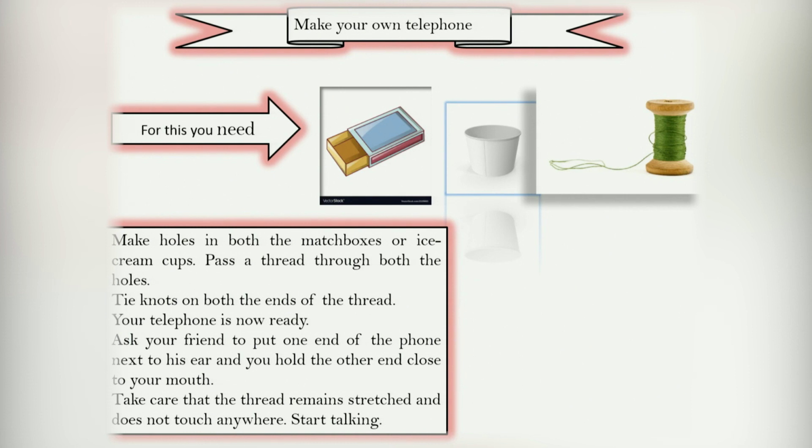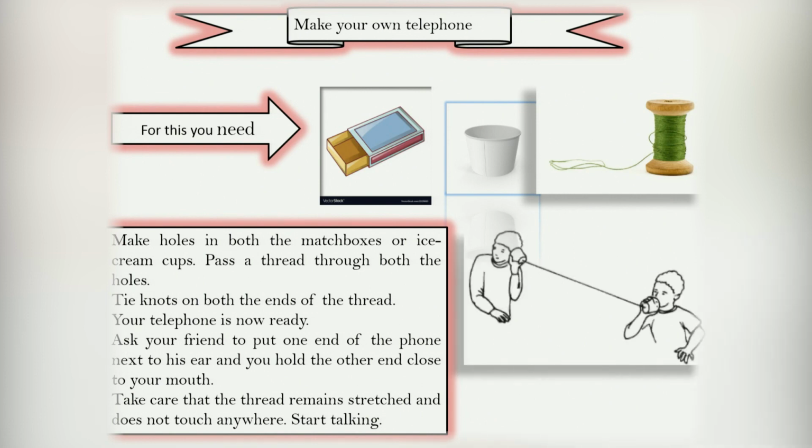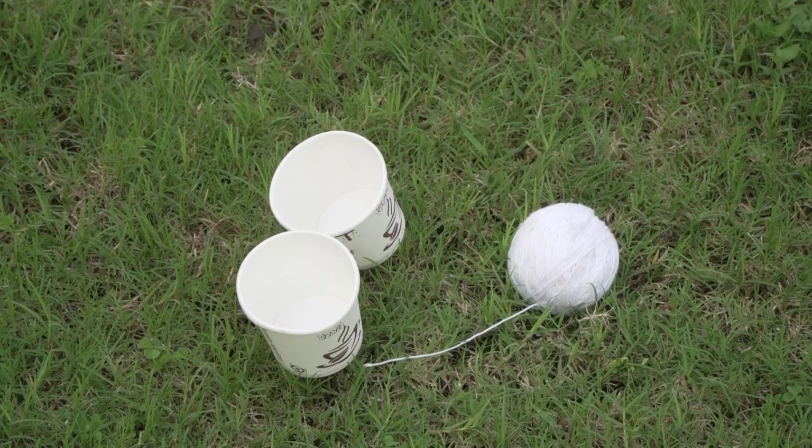Tie a tight knot on both ends of the thread. Your telephone is ready. Ask your friend to put one end of the phone next to his ear and you hold the other end close to your mouth. Take care that the thread remains stretched and does not touch anywhere.